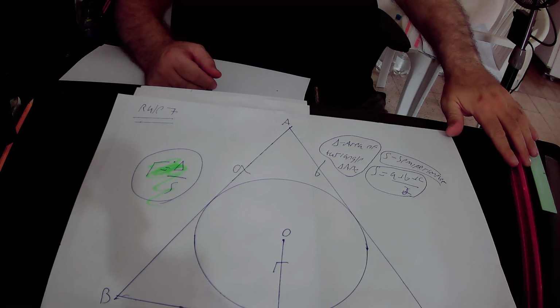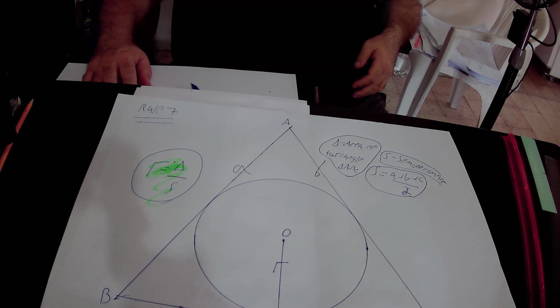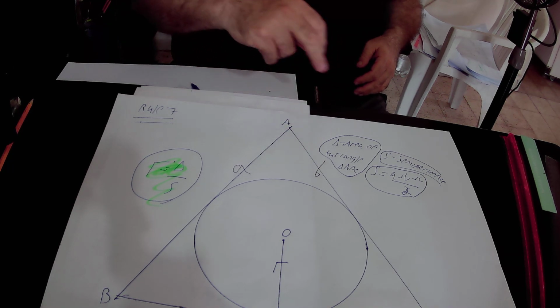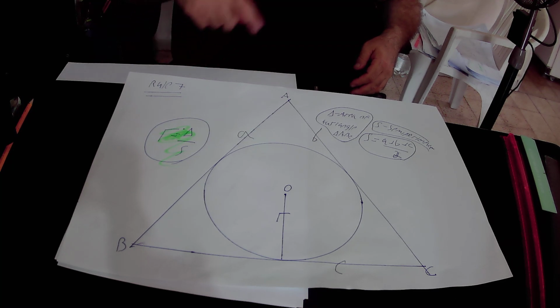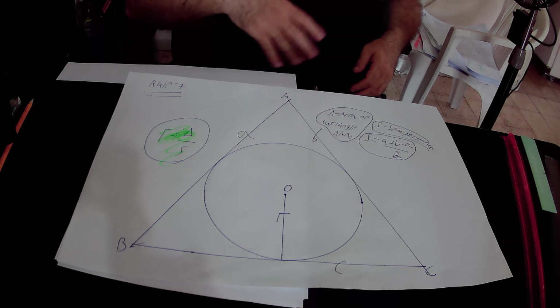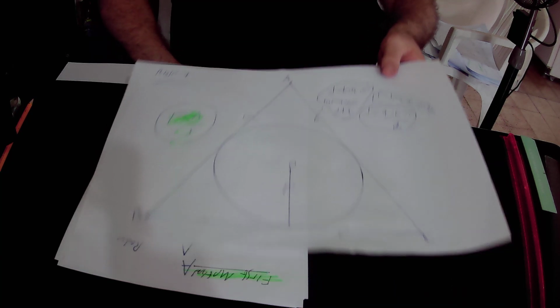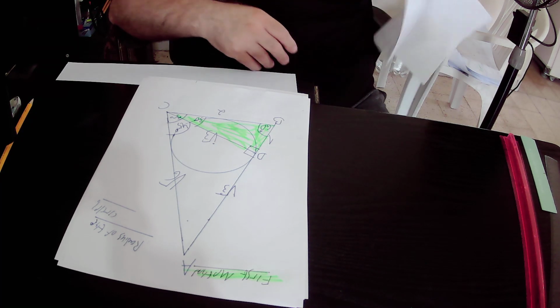According to rule number 7, if we have a circle with radius r that is described by triangle ABC, that could be any triangle, then the radius of this circle equals the area of triangle ABC over the semi-perimeter of triangle ABC. The semi-perimeter of any triangle is equal to the perimeter over 2. So we use this formula in order to find out the radius that we are looking for, the radius of this circle.